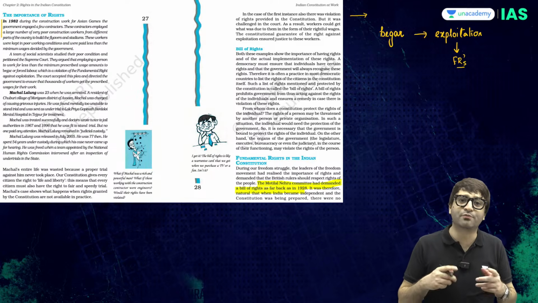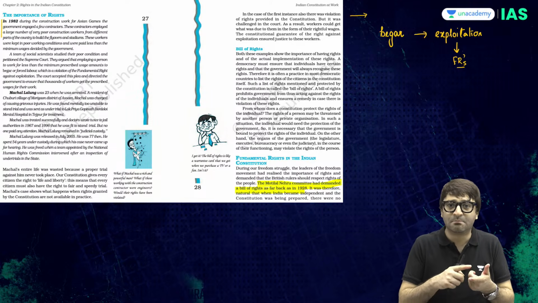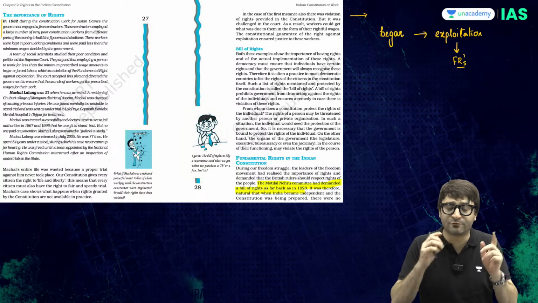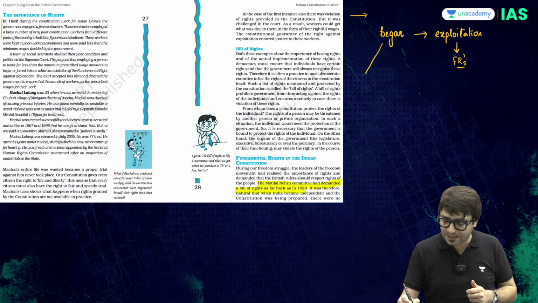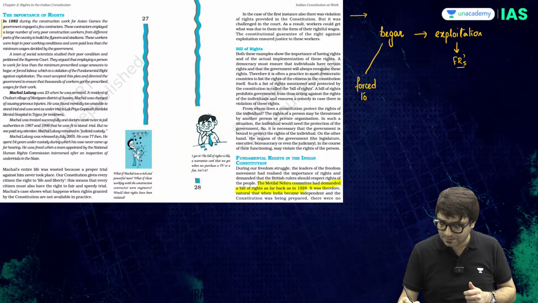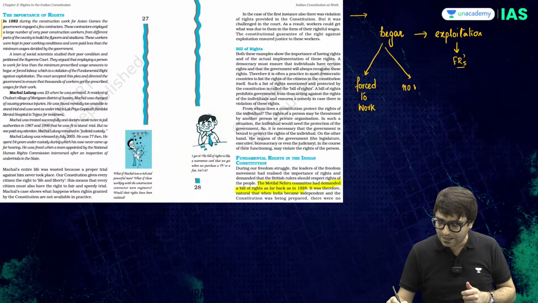Article 23 prohibits traffic, begar, and other forms of forced labor. And what is this begar? If you are forced to work and no wages are provided to you.